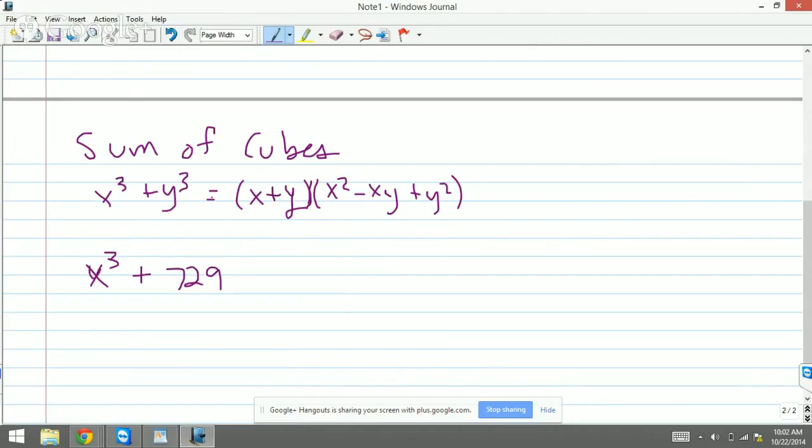Say it again louder. Yeah, what's the cube root of 729? 9. It's 9. So we have, we finish it off. Finish it off on your paper and we'll see if you get the right answer.